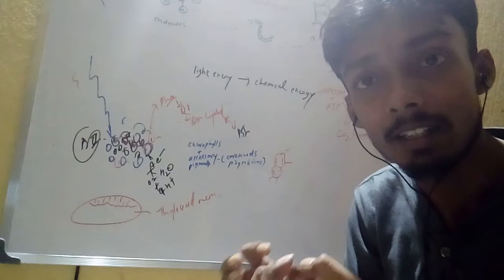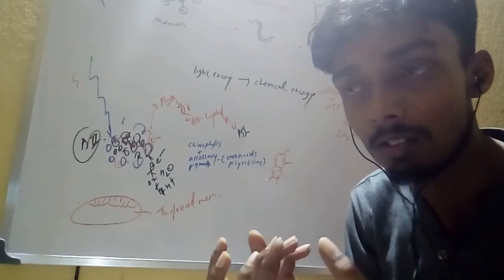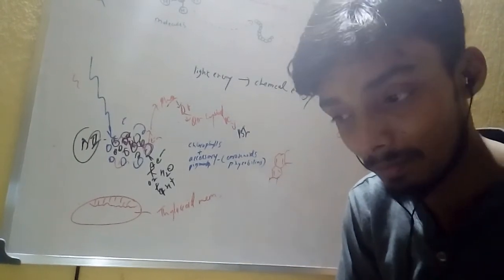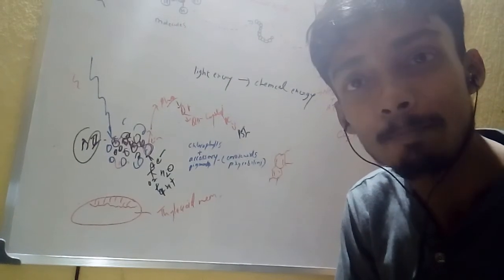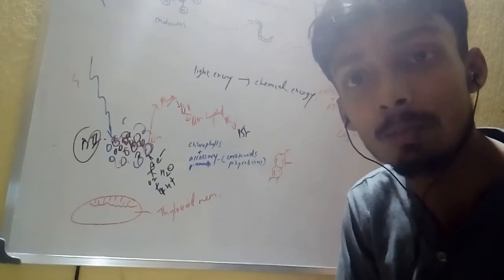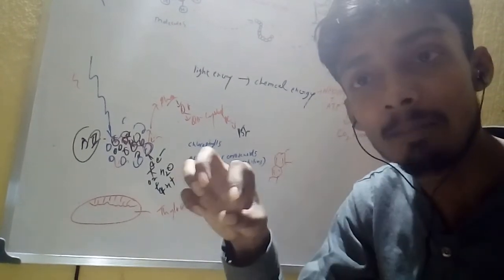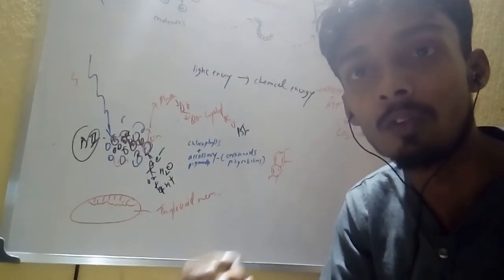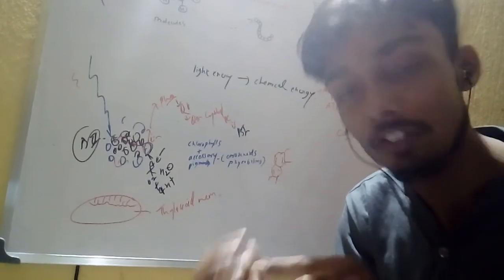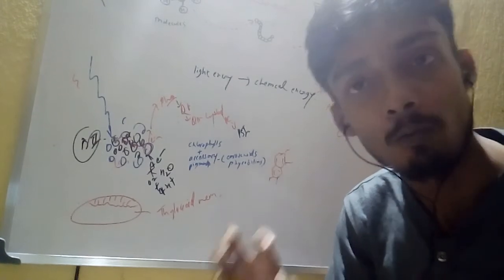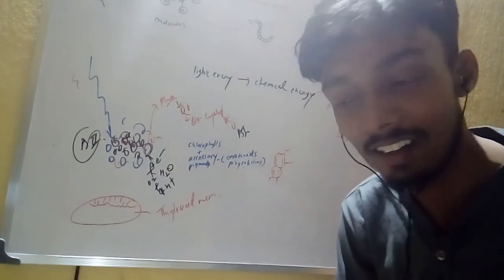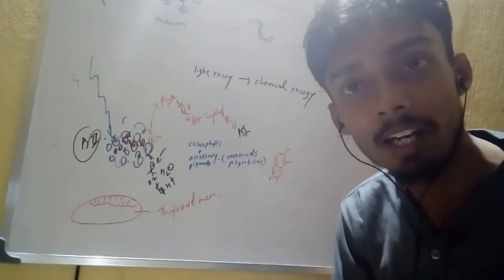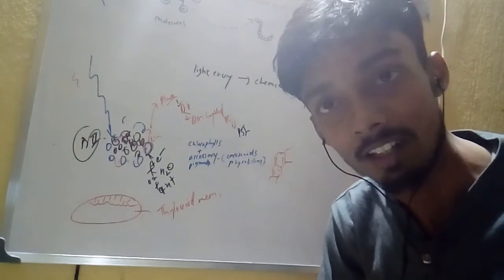This is thermodynamically possible because the gap that is created by light is so powerful that it can drive the electrons from water. Okay, so plants by themselves cannot use carbon dioxide or oxygen, etc.